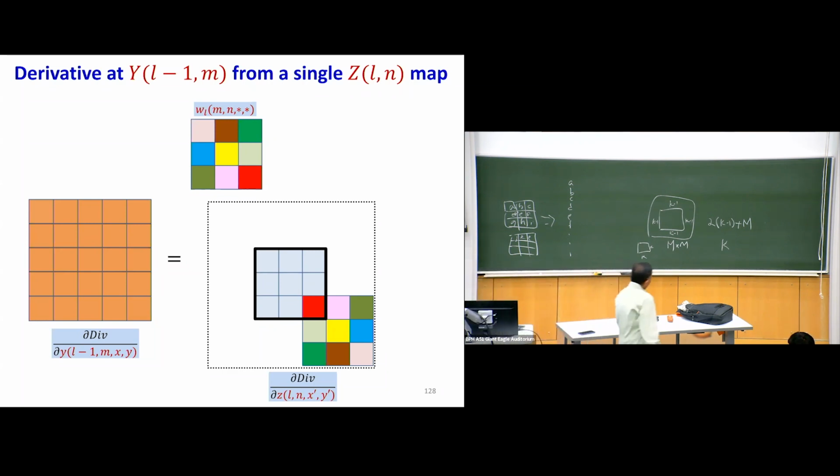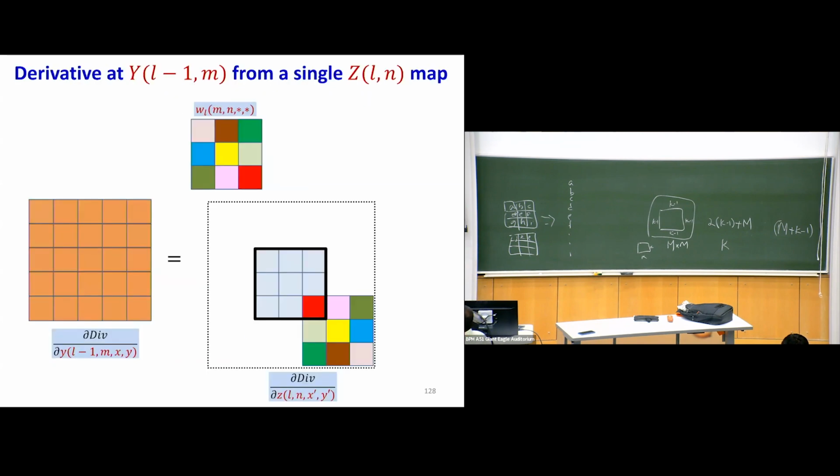So I've got this zero padded entry, which is 2 times k minus 1 plus m. I'm convolving it with k. What is the size of the result? M plus k minus 1, right? Which is going to be the size of the input. So I've expanded the thing by k minus 1 entries going back. I lost k minus 1 rows and columns going forward. I gained them back going back. Make sense to everyone? Right.